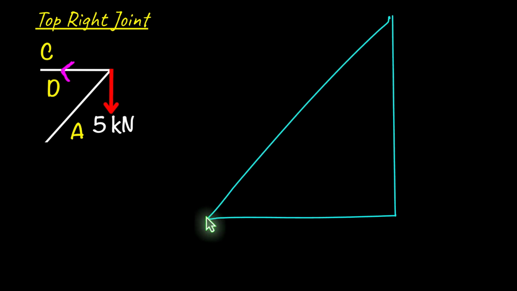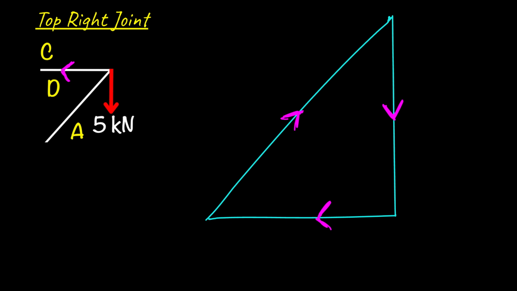Now, we know that 5 kilonewtons is a force that's going downward. So if we input our arrows now to begin with, we know that that would be going downward, like that. We know that this now will just trail around, like that, and going back in, like that. And if you notice, this 5 kilonewtons lines up perfectly with the same direction as CD.